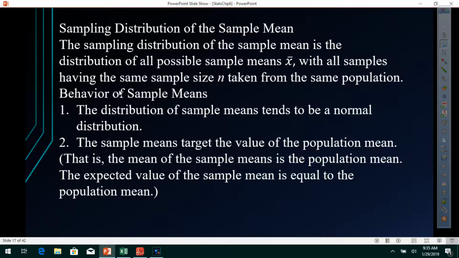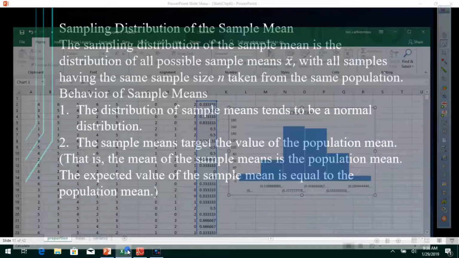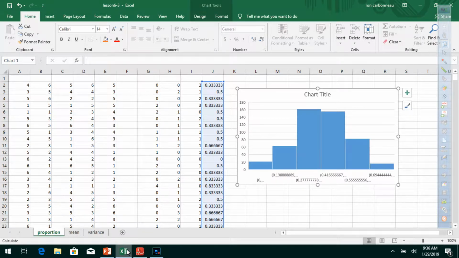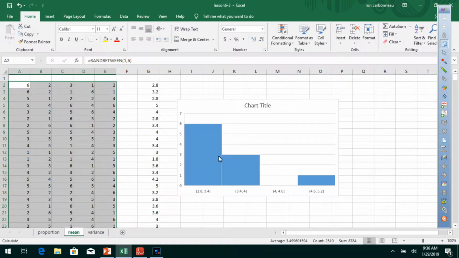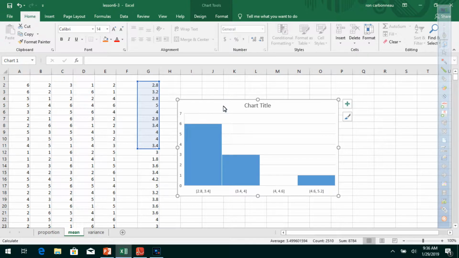And I did not mention this on the proportions. What should have been the proportion? It should have been targeting 0.5. And here it is, 0.5 is right there. And so it was. Now, on the mean, what should the mean of these be?